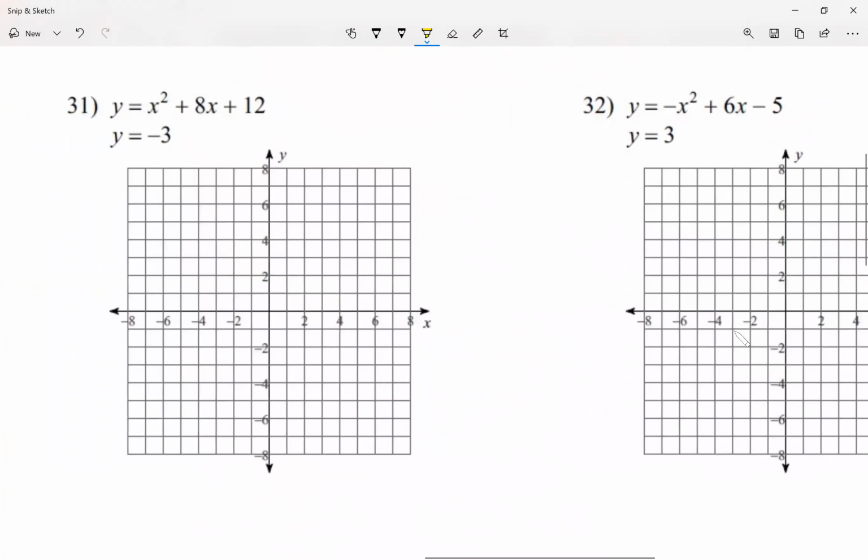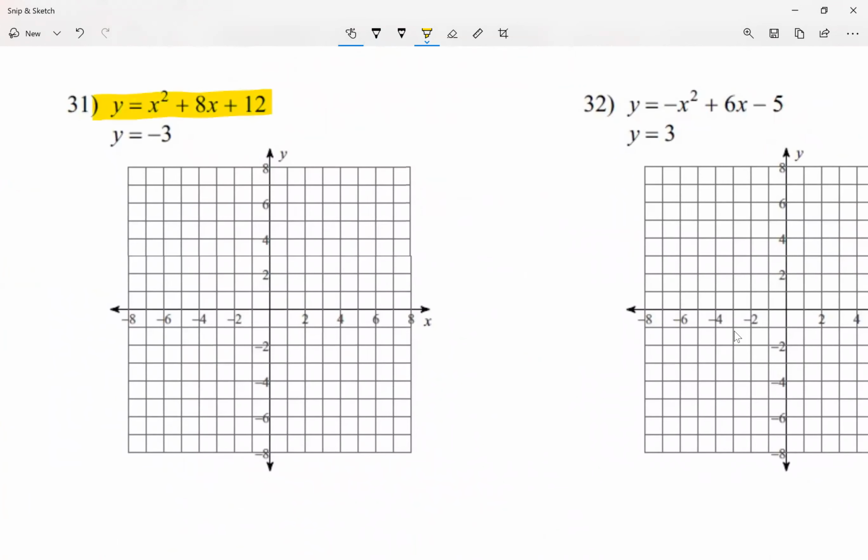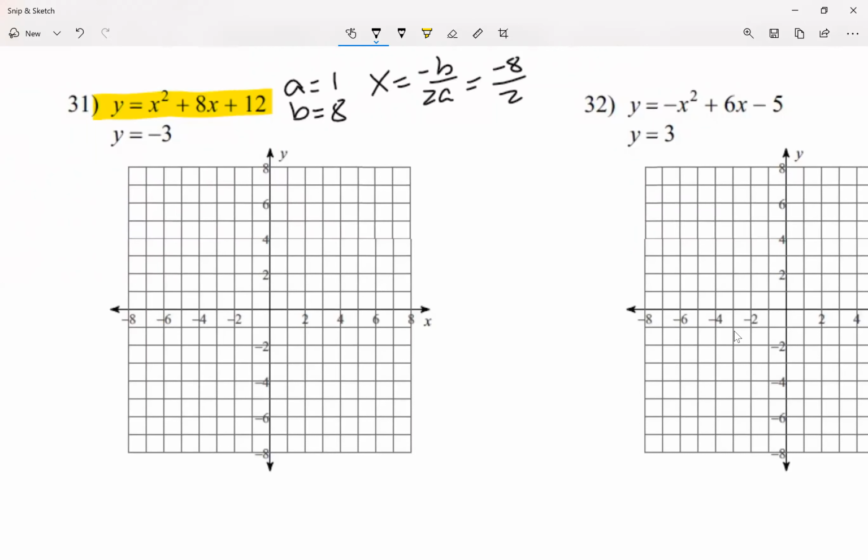I'm looking at the first equation right here. My a value is 1. My b value is 8. And I know the x-coordinate of my vertex is negative b over 2a. So I have -8 over 2, which is -4. So my x value is -4.